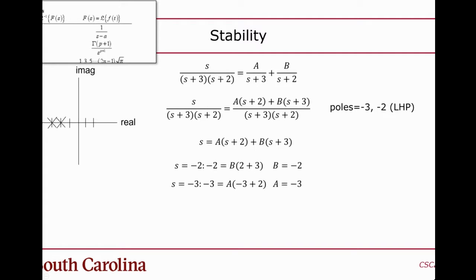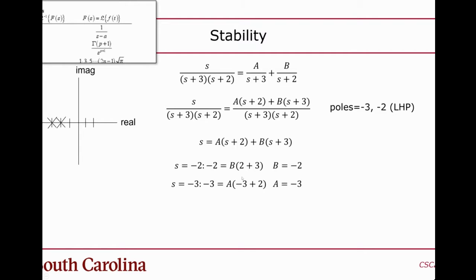So again, I say this equals A over s plus 3 plus B over s plus 2. Basically breaking up the s plus 3 and the s plus 2 into two separate denominators, and then I solve for A and B by just choosing s values that knock out A or B.